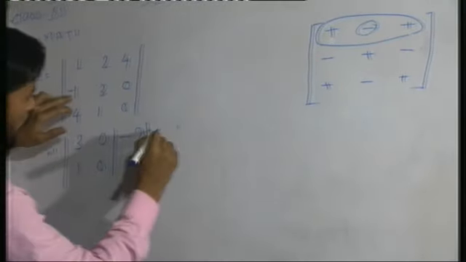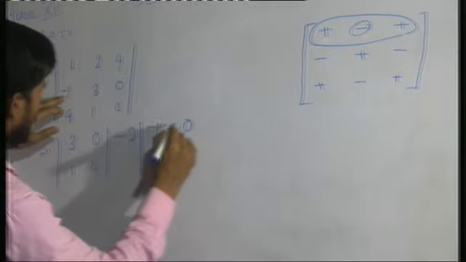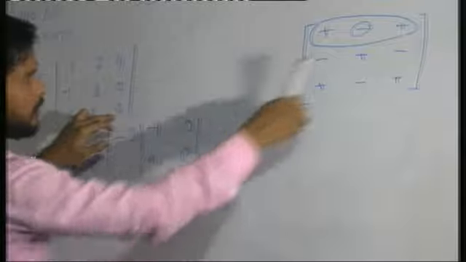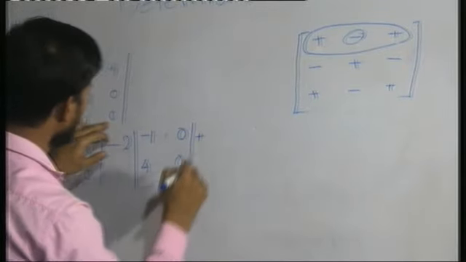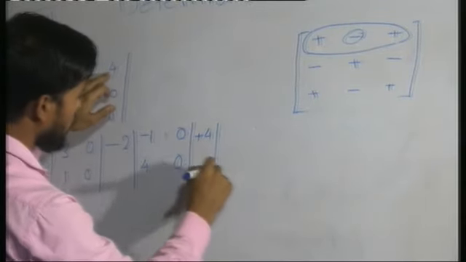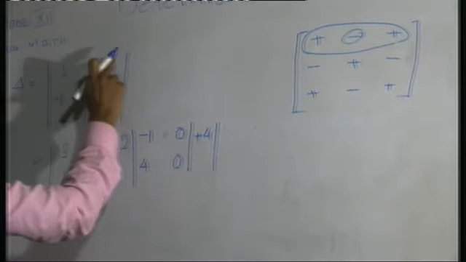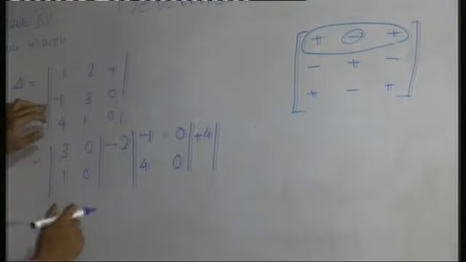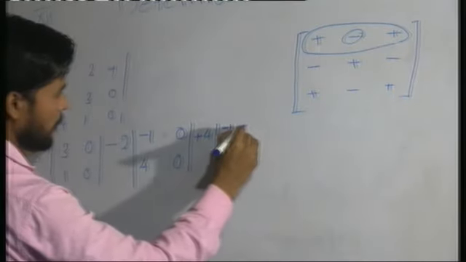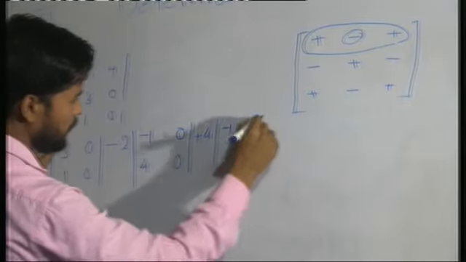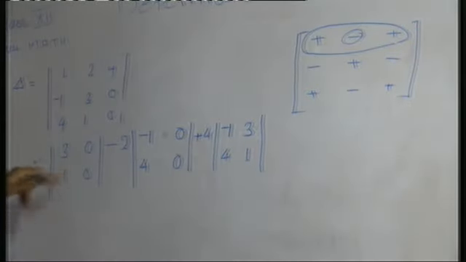So we have minus 1, 0, 4, 0, and the next sign is positive, plus 4 into, now if I cover this row, this column, we have minus 1, 3, 4 and 1. Now this is a 2 cross 2 determinant, we can easily expand it.